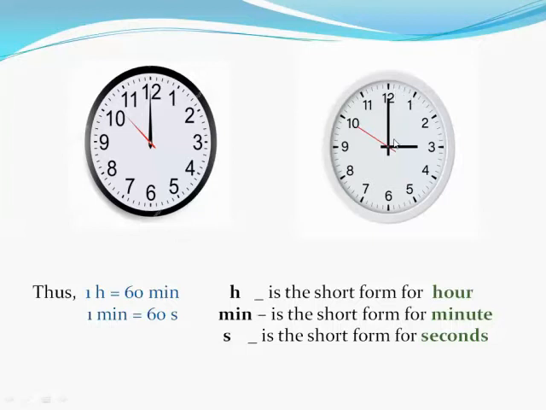Thus, there are 5 small divisions which stand for minutes. There are altogether 12 hours, and each number shows 5 small subdivisions. It means there are 60 small division marks around the clock face.